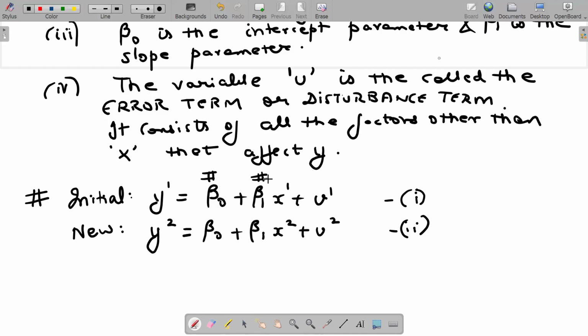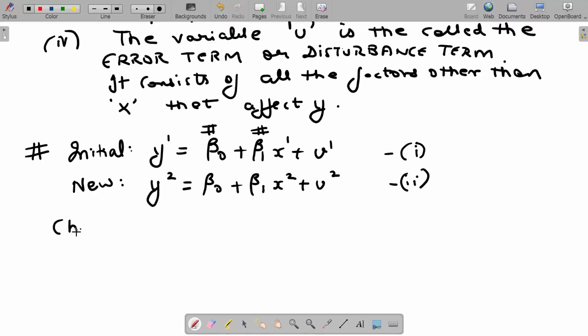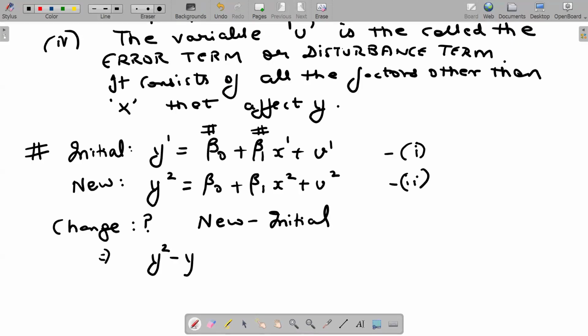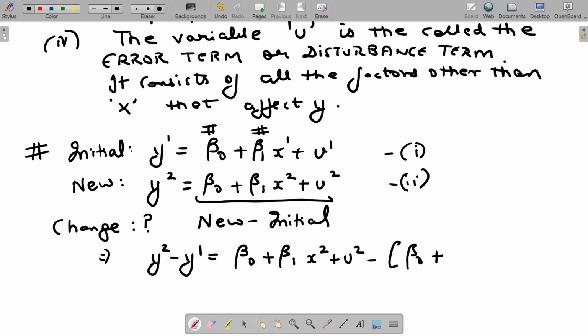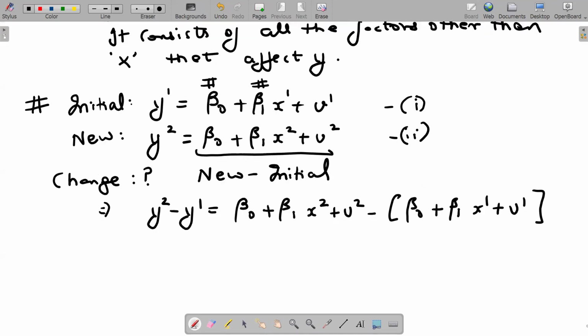Okay, now how do I calculate the change? The change is nothing but the new minus the initial, right? So I can write y2 minus y1 is equal to this whole equation, beta naught plus beta 1 x2 plus u2, minus beta naught plus beta 1 x1 plus u1. Remember, these are not powers, these are merely values.